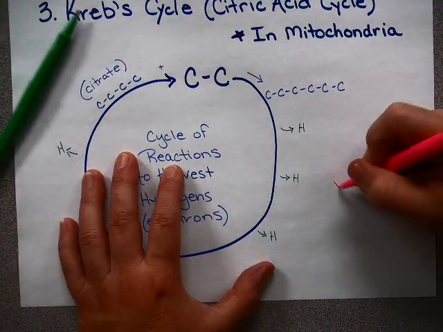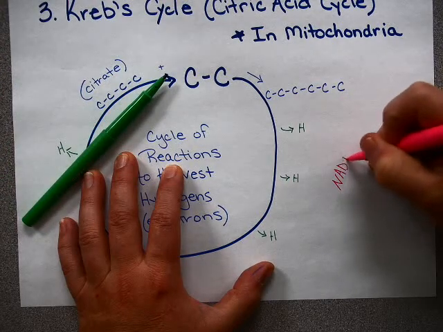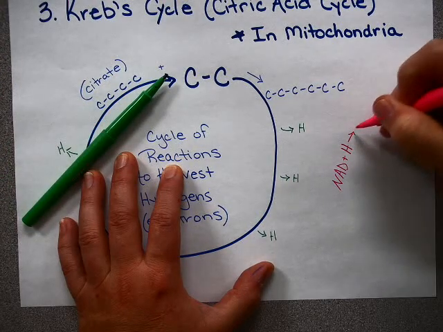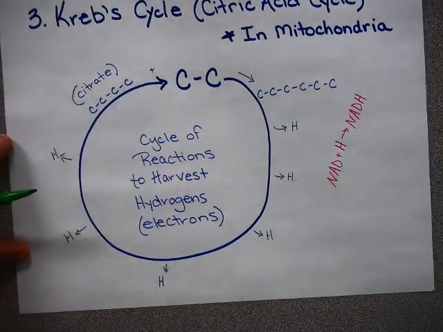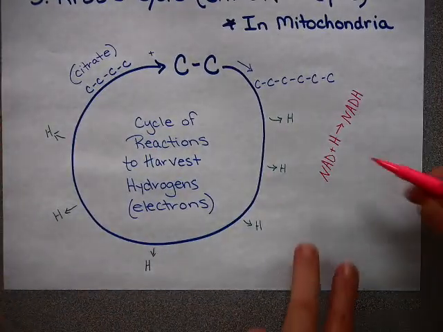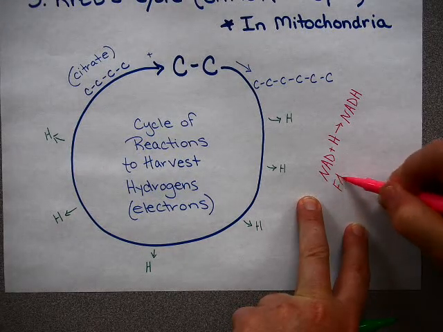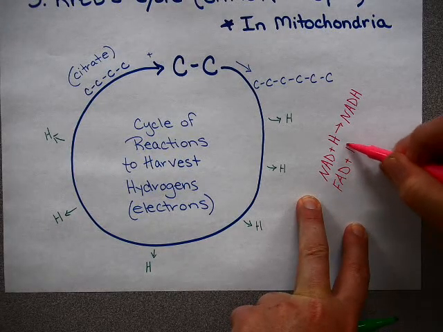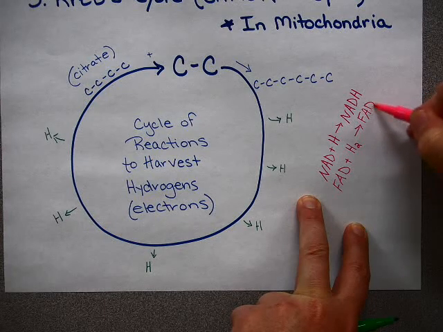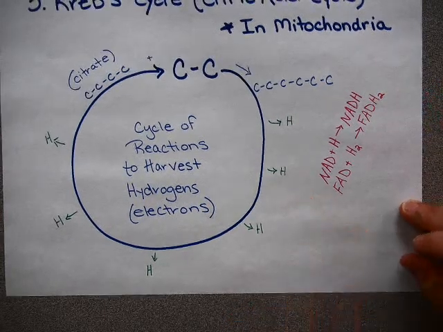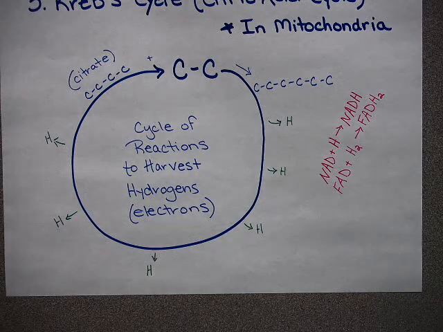So NAD is over here waiting. NAD's waiting. Oh, and in this one, FAD's waiting too. FAD, and that one can take 2 H's. Those are like your vitamins, remember? Get your good vitamins so that you can grab as many H's as you can to make good ATP.